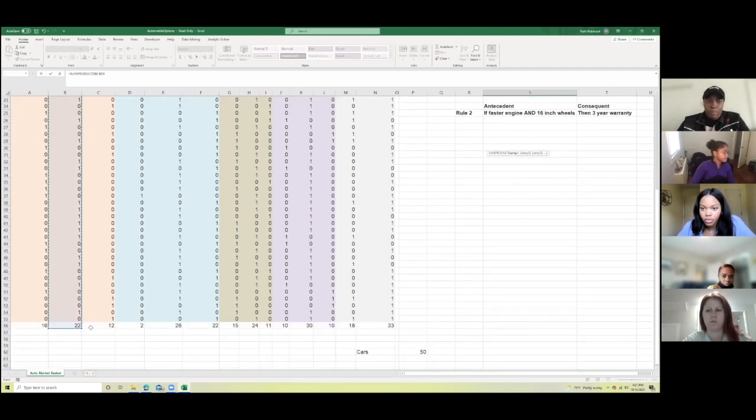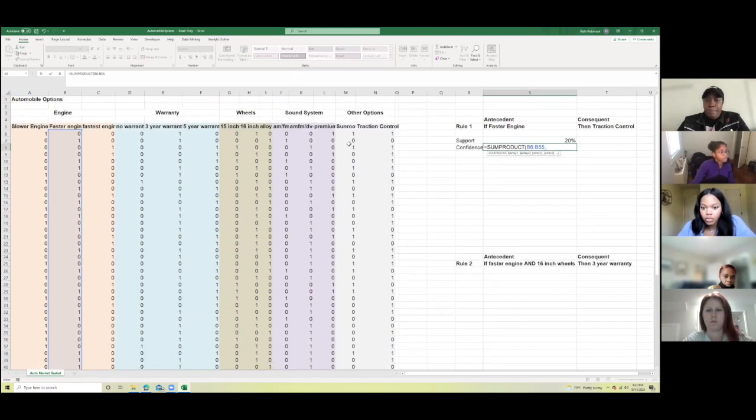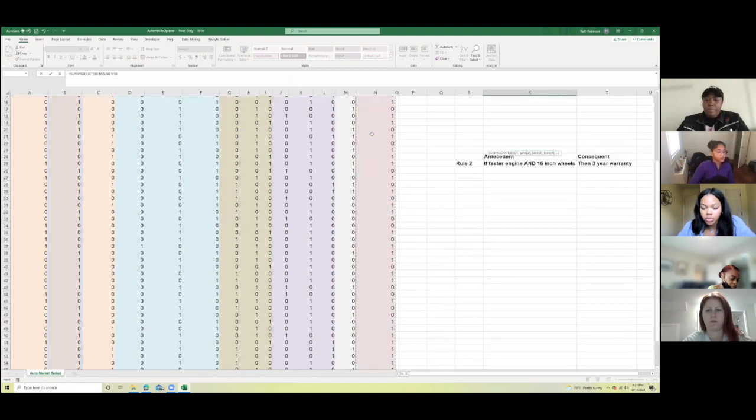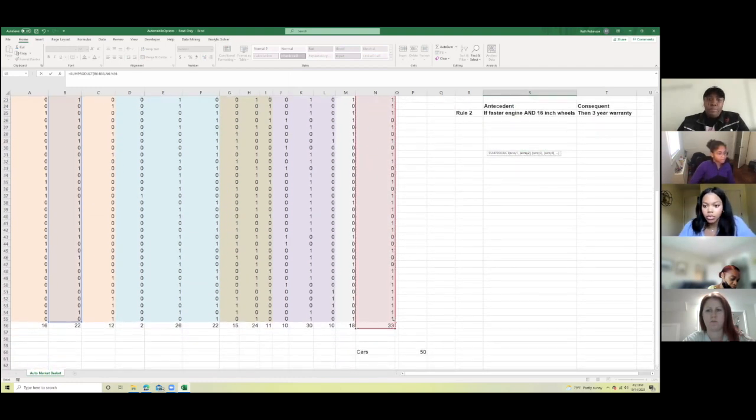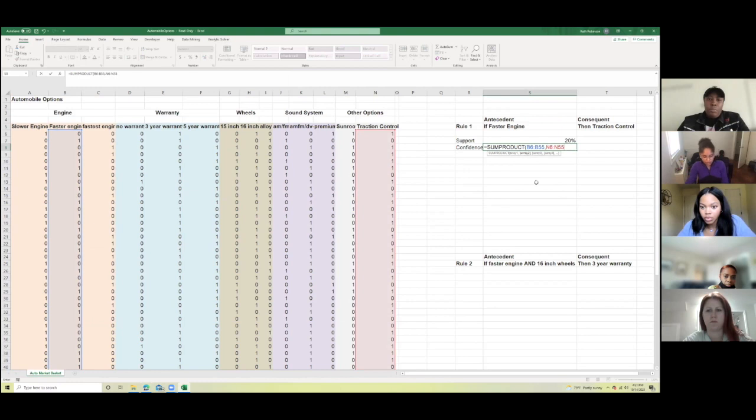And again, got to take away the sum, comma, traction control. Bring that up. And put the whole thing in parentheses as our numerator, divided by just the sum.